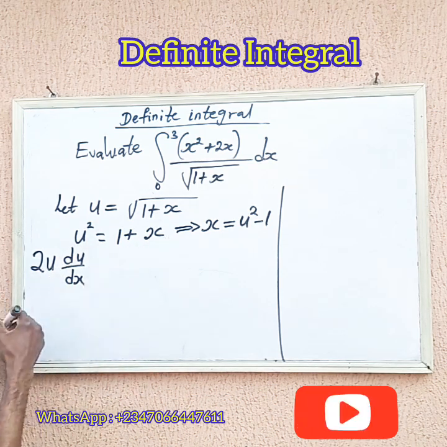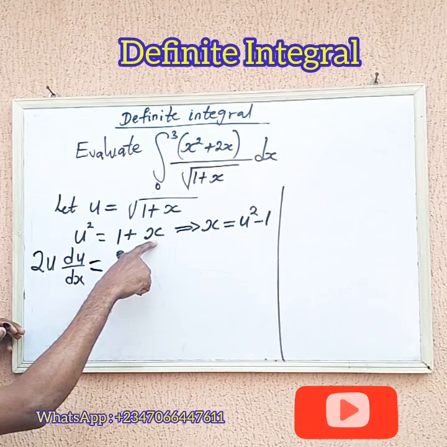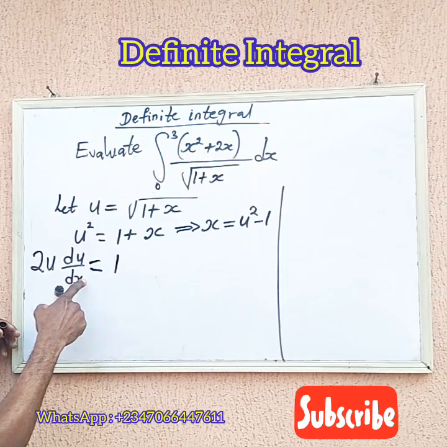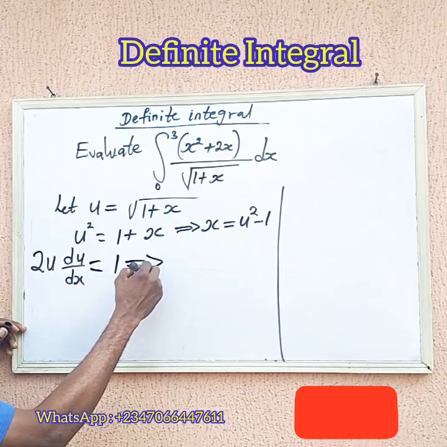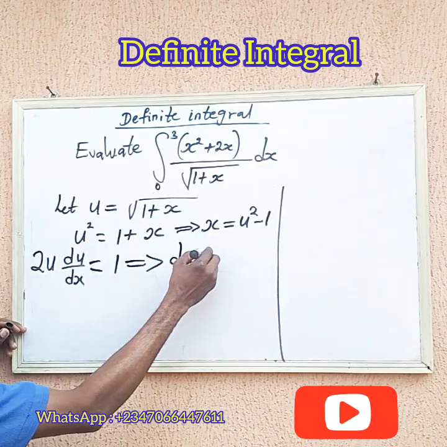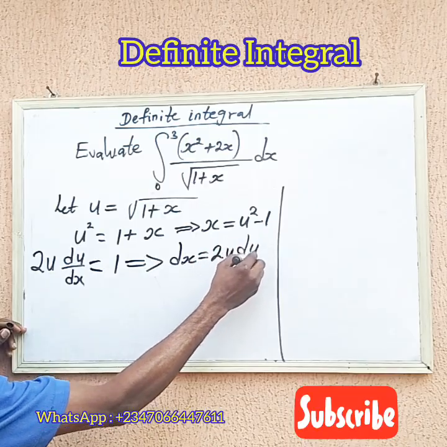Now let us come to the right side. If you differentiate a constant, it gives 0. Differentiating x gives us 1. So now let us make dx the subject of the formula. If I cross multiply, dx is equal to 2u du.